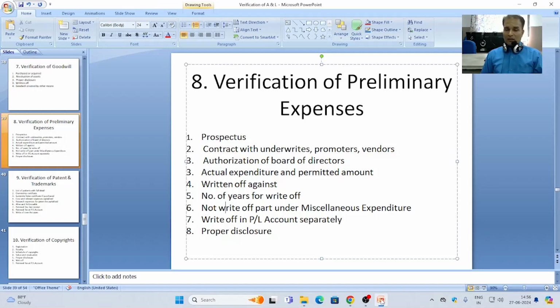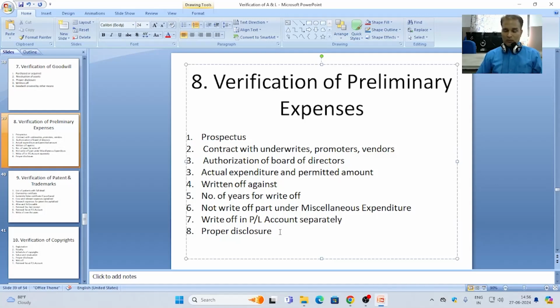The auditor has to see that the amount written off should be accounted for separately in the profit and loss account of the business concern.